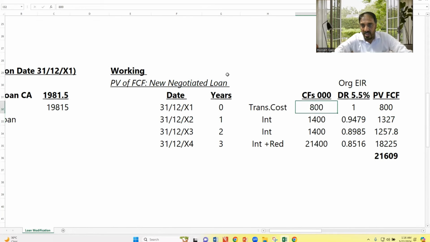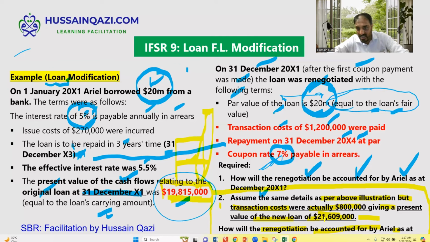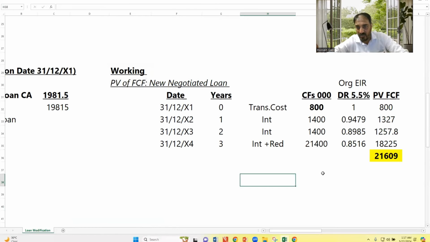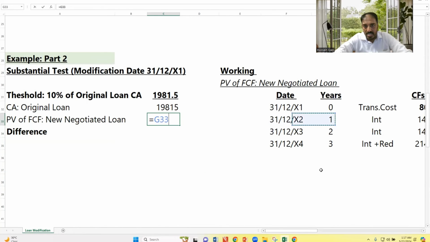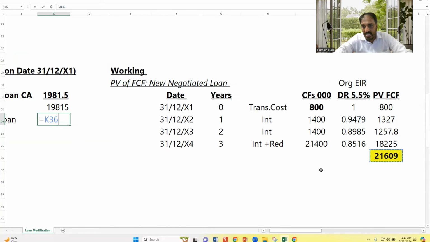So if we change the value, it's not 1200, it's 800. That's the change in example 2. So the value becomes 21,609, mentioned in example 2 as the new loan 21,609.